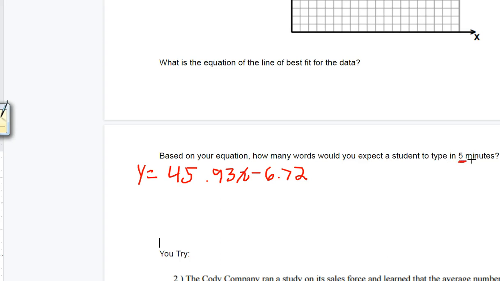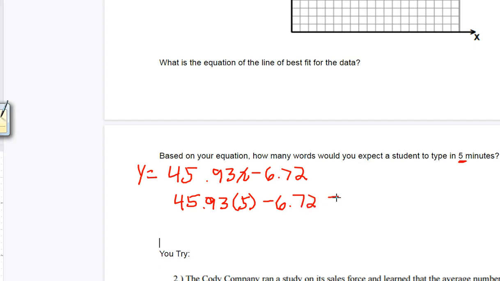The question wants to know how many words we'd expect a student to type in 5 minutes. Well, minutes, our time here, is our x value. So I'm going to plug in 5 for our x value. That gives me 45.93 times 5 minus 6.72.